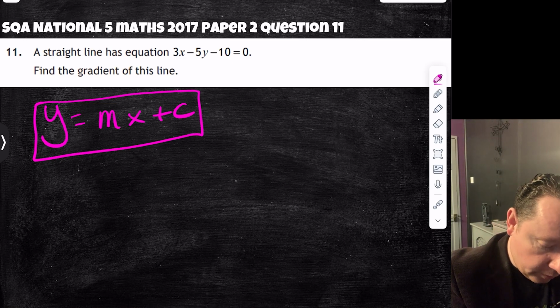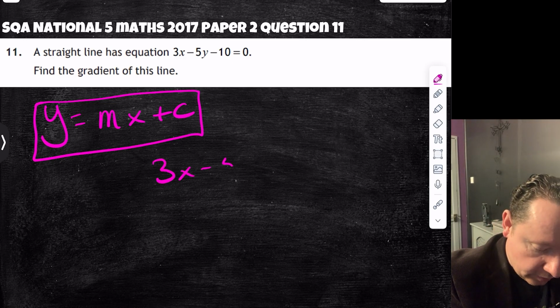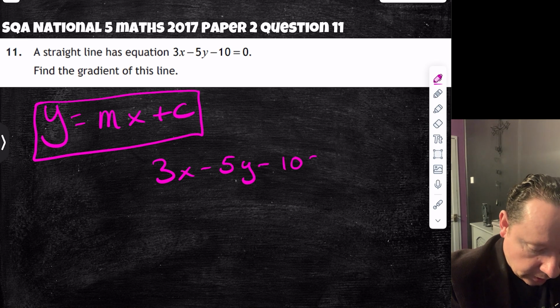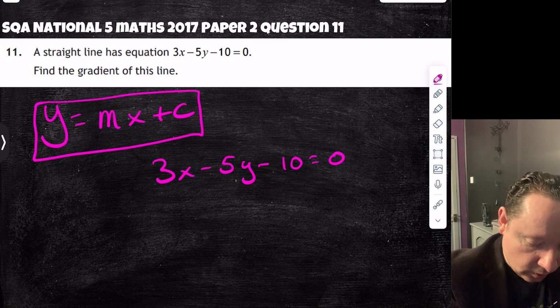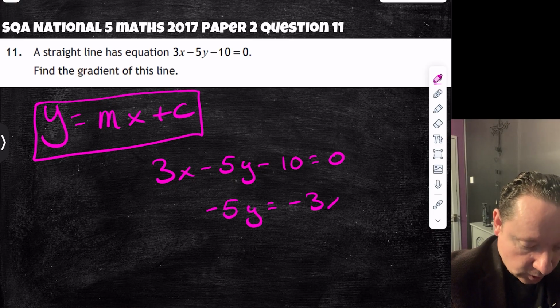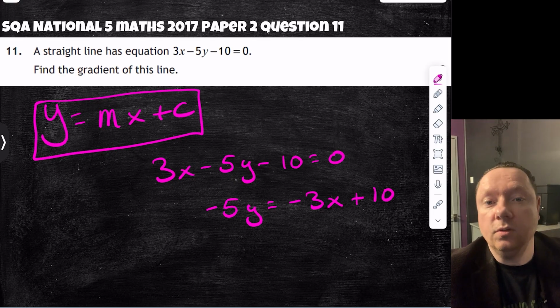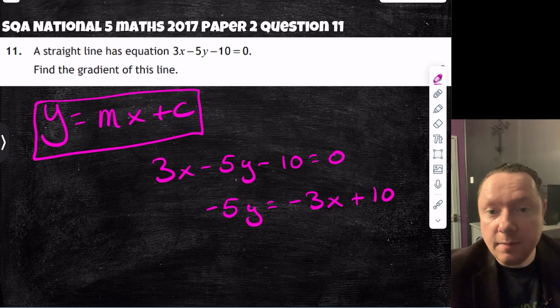So let's start off with our equation. 3x minus 5y minus 10 equals 0. So moving everything over to the right-hand side, it hasn't got a y in it, so leaving the minus 5y alone, that gives me minus 3x, because it's positive on this side, and then plus 10, because negative becomes positive when you move it over. Now we need to divide by minus 5.